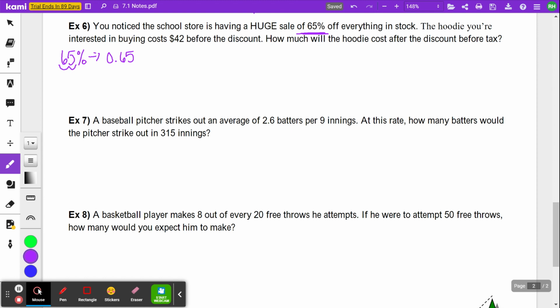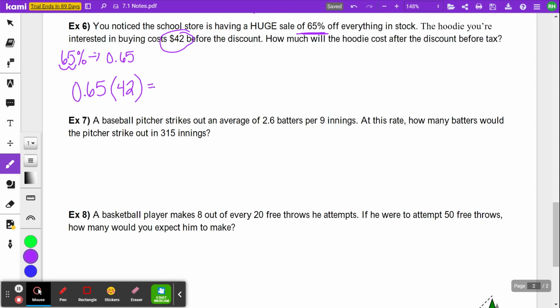The hoodie you want costs $42, right? If it's 65% off, first you have to figure how much money that is that they're going to take off the price. To do that, you take 65%, so 0.65, and multiply it by the amount that you're trying to spend. Okay?